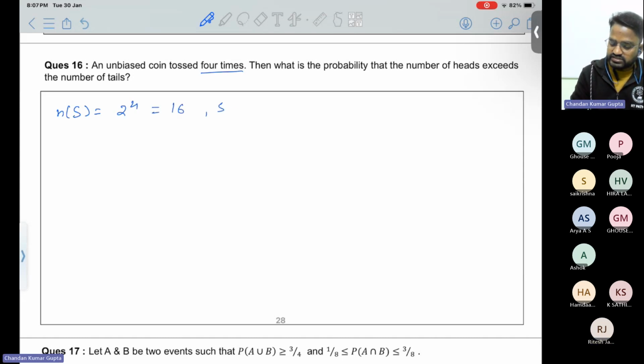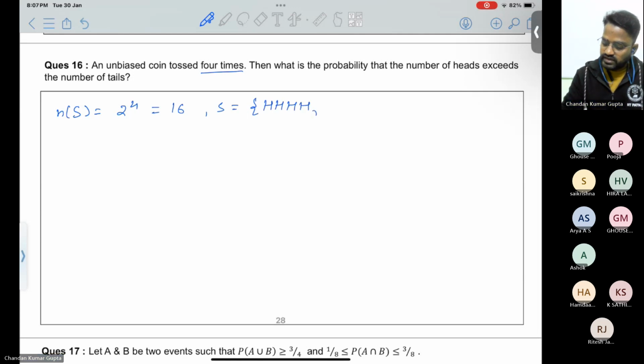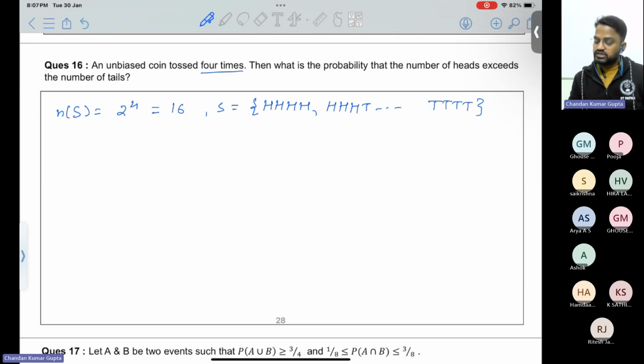And the outcomes are like this: head, head, head, head, head, head, head, tail, and so on up to tail, tail, tail, tail. There are 16 outcomes. And the question is, what is the probability that the number of heads exceeds the number of tails?